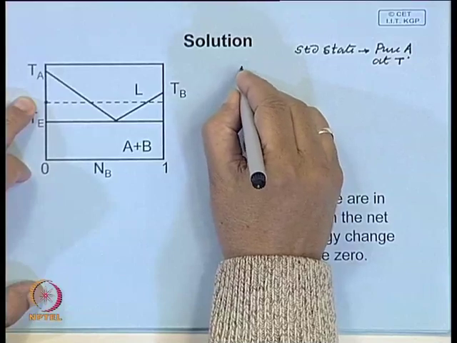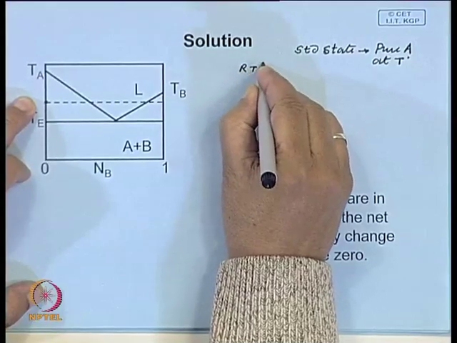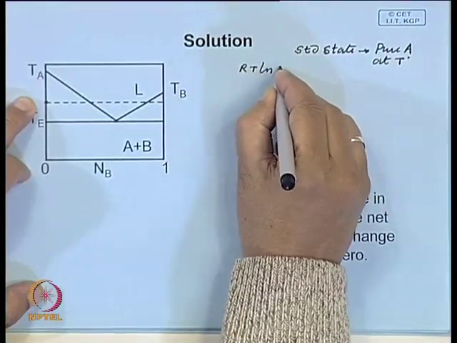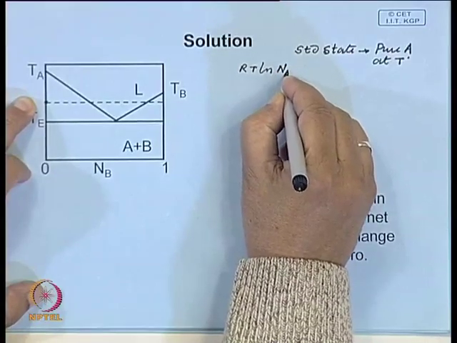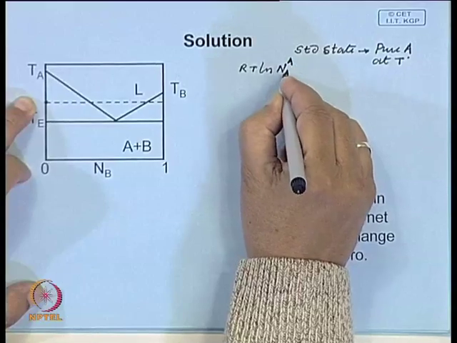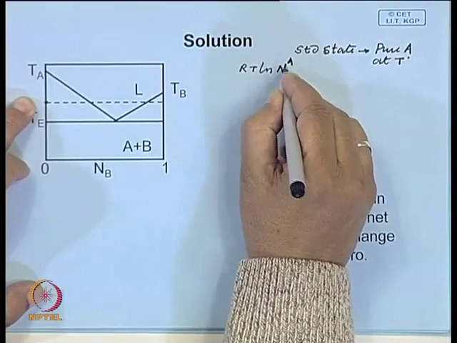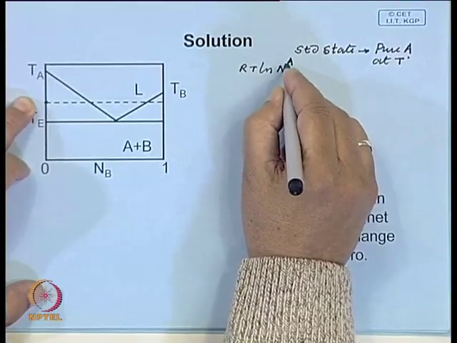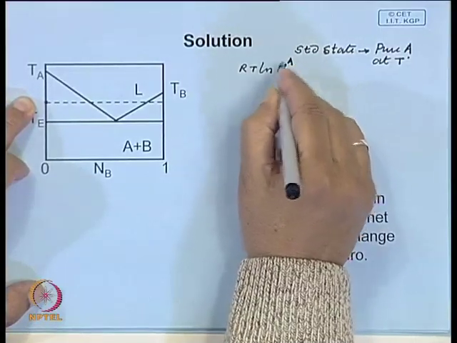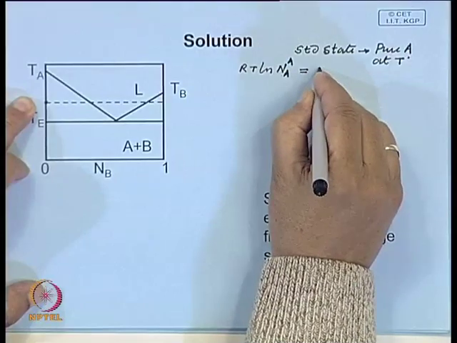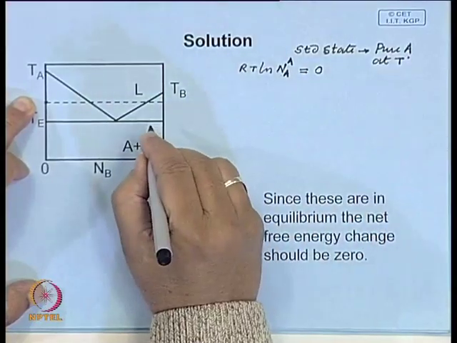Since it is a mixture, it is RT ln activity of A. We write it as mole fraction of A, and activity is equal to mole fraction. In that case, this is 1, because it is pure A. Therefore, for pure A this is 0.